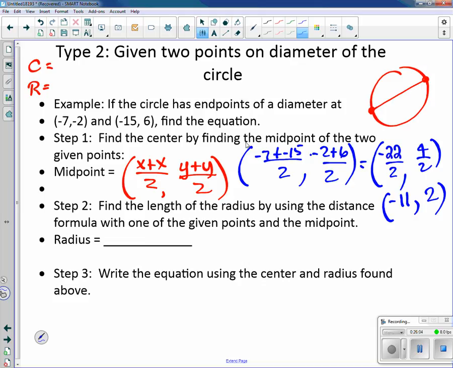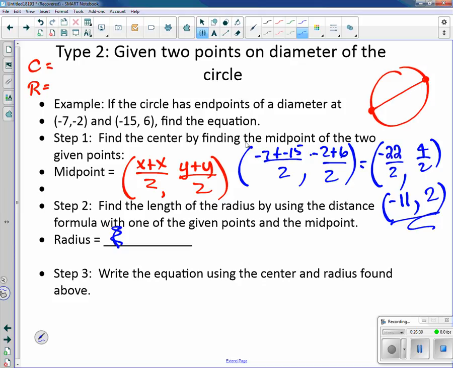Okay? Now, my center is this. Is everybody with me? You can write the equation now, correct? Write the equation without the radius. No, we don't have the radius.